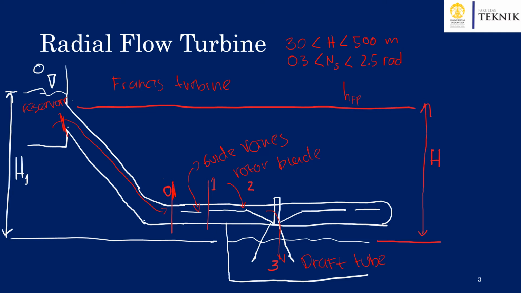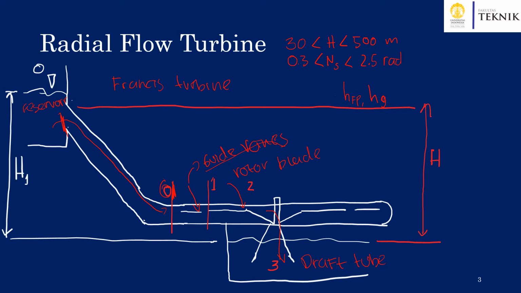We have hfp, or frictional head loss. After leaving point 0, as the fluid interacts with the guide vanes, we will have further power loss, which we call small hg. This is due to the fluid interactions with the guide vanes.